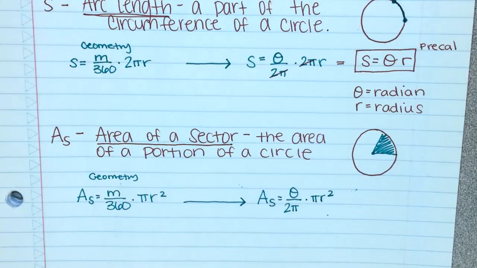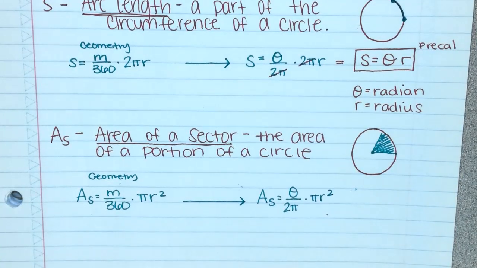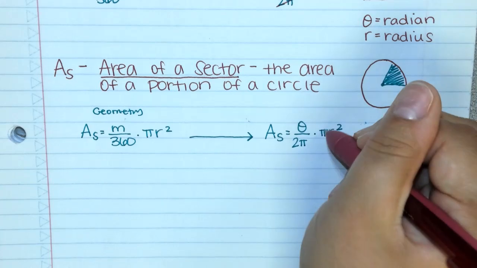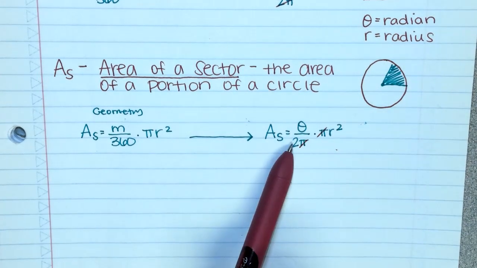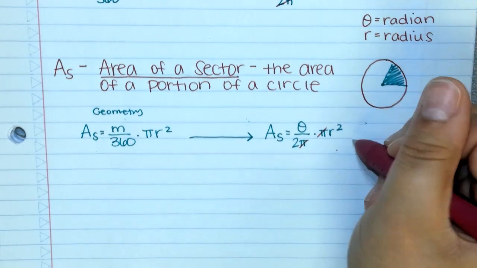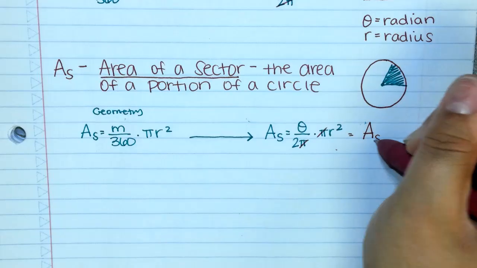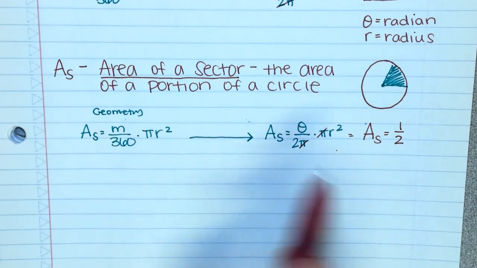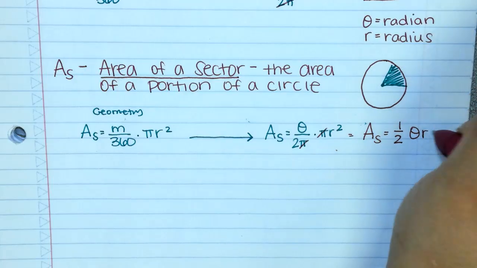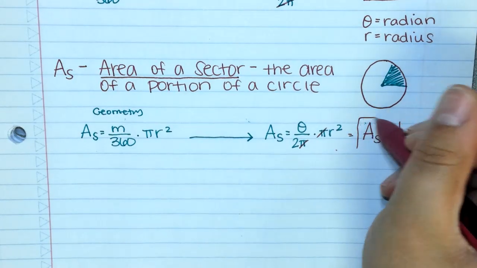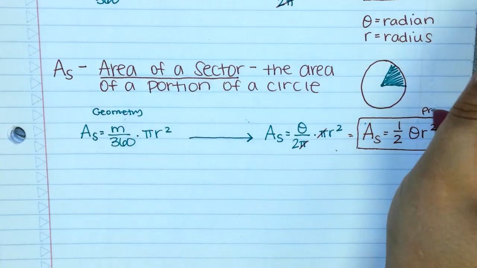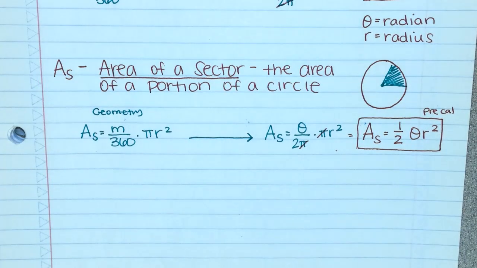What ends up happening here? The pi's cancel. Instead of dividing it all by 2, we use 1/2. So it's 1/2 theta r squared. And this is the formula we will use in pre-cal.